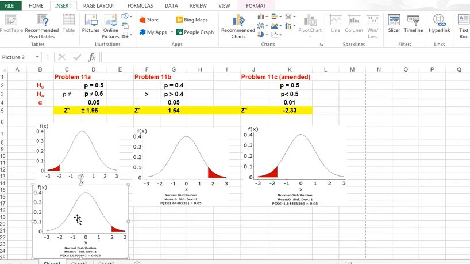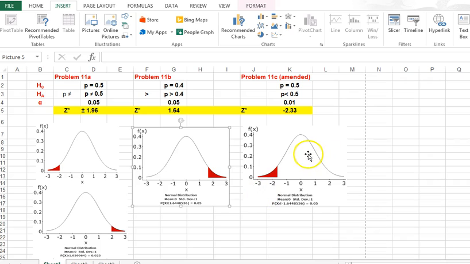Then we came over to problem 11B, where our alternative hypothesis was that our proportion was more than 0.4. So we were only looking at one side, the right side, which is the plus side, and our critical z-value is 1.64.